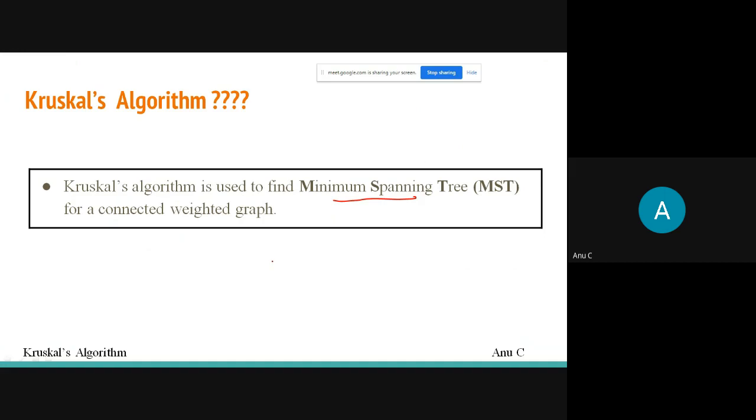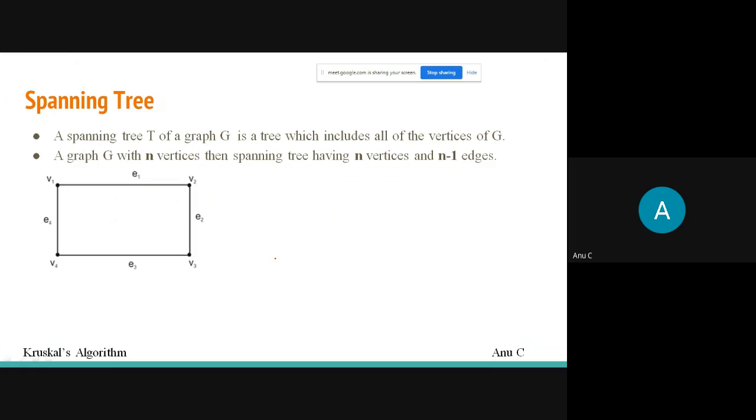Before that, we want to understand two terms. The first one is spanning tree and the second one is minimum spanning tree. First, spanning tree. Here I have an example graph G. So we know that a graph can be represented as G equal to (V, E), where V is the set of vertices.